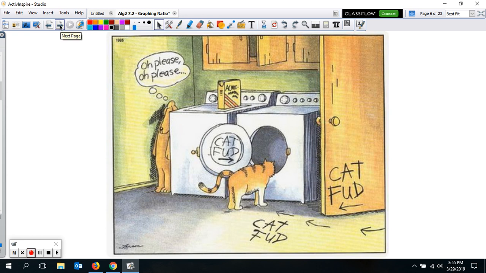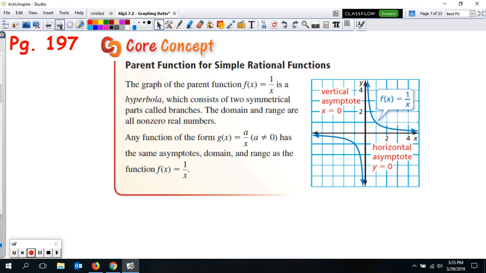Alright, let's go on to look at our first core concept, which is the parent function for simple rational functions. A simple rational function is in this form, 1 over x, or really a over x, just a single number over the x. The x is in the denominator, and that's what really makes this a rational function.